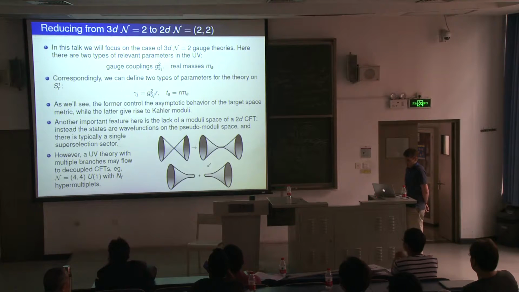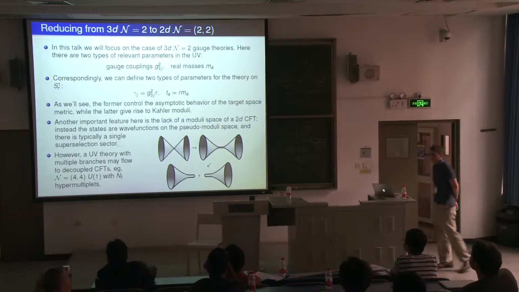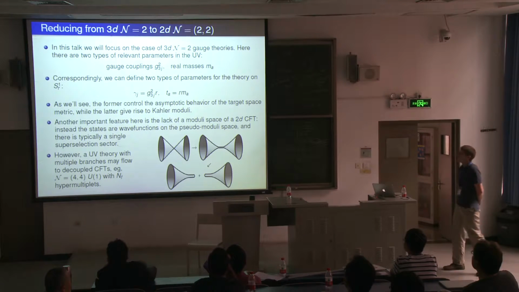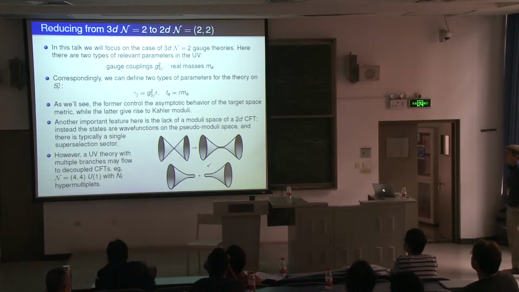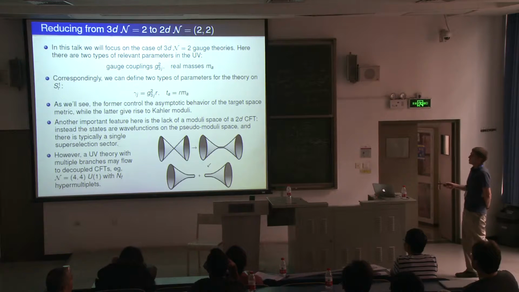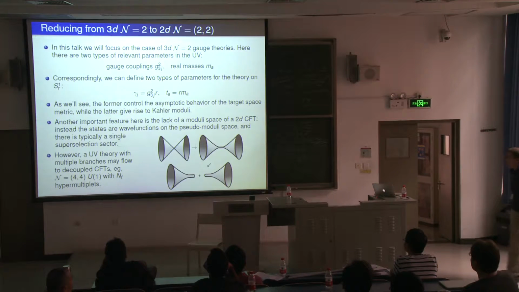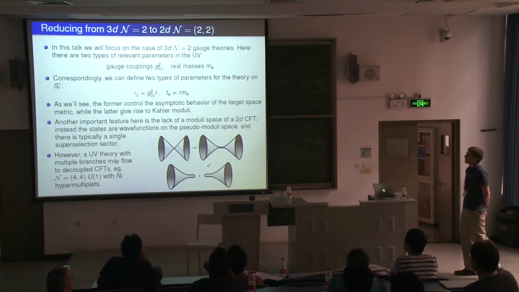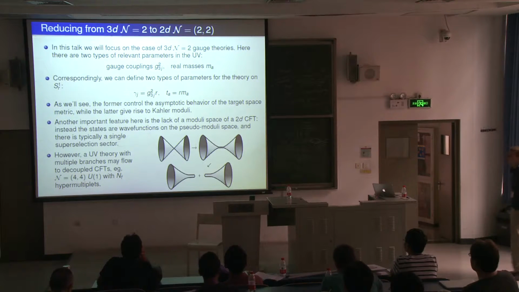Okay, so in more detail, what I'm going to focus on in this talk is the case of 3D N=2 theories, in particular 3D N=2 gauge theories. And here there are two types of relevant parameters that are going to arise. So there's gauge couplings, which are relevant in 3 dimensions, and real mass parameters, which are certain supersymmetric mass parameters that we can define associated to the flavor symmetries of a theory.